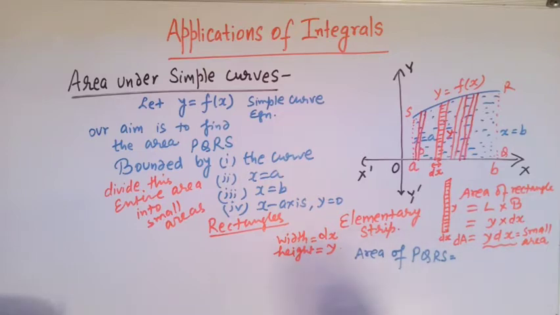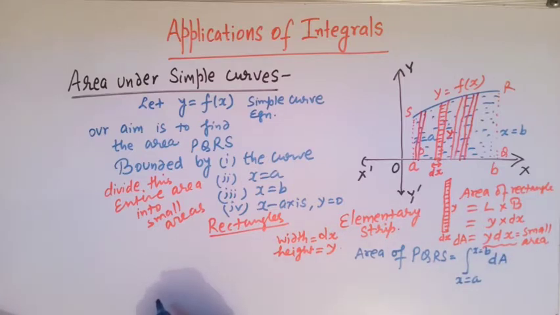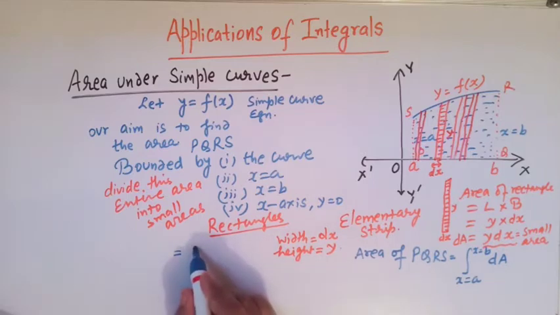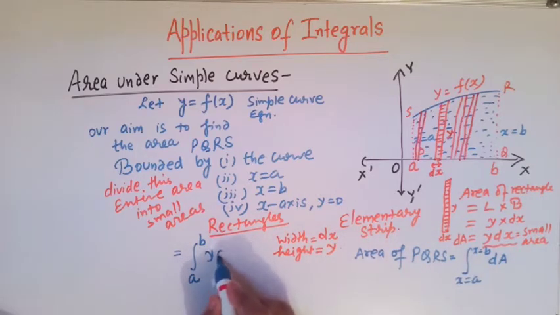So the area of this region PQRS is, we will integrate from x equal to a to x equal to b, and we will write here dA. Clear? So this area is now written as the integral from a to b, and for dA we will write y dx.